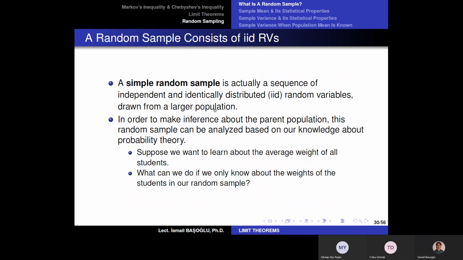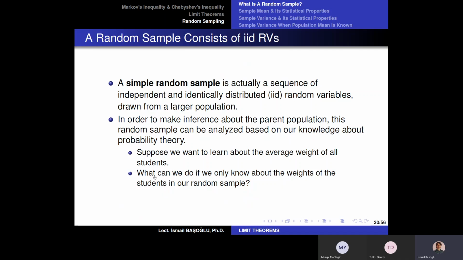Now, as I have said, a simple random sample consists of a sequence of independent and identically distributed random variables, which is drawn from a larger population. And in order to make inference about the parent population, this random sample can be analyzed based on our knowledge about probability theory. Suppose we want to learn about the average weight of all students.